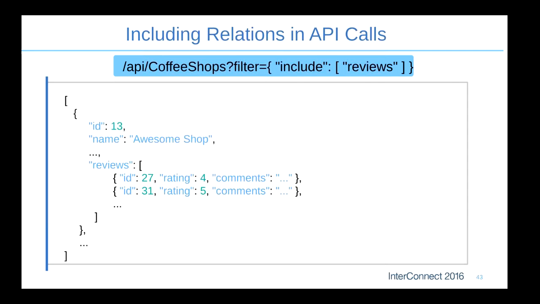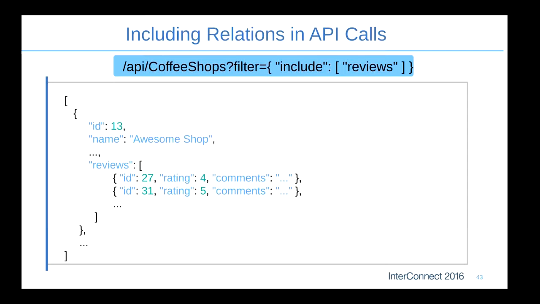This filter could include something that would limit the number of results, like a where clause, so where coffee shops are in a given zip code, which will limit the results. But then we can also specify an include, which will call, within the coffee shops, that review function and return the reviews as a nested property.